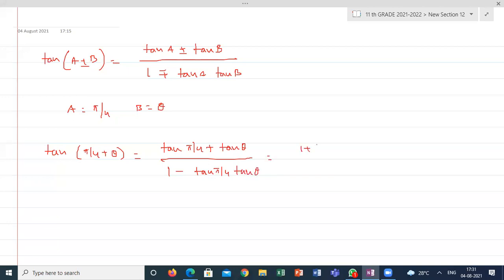This will be 1 plus tan theta by 1 minus tan theta. So tan of pi by 4 plus theta can be written as 1 plus tan theta by 1 minus tan theta.